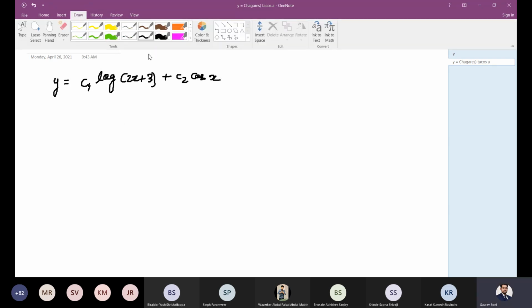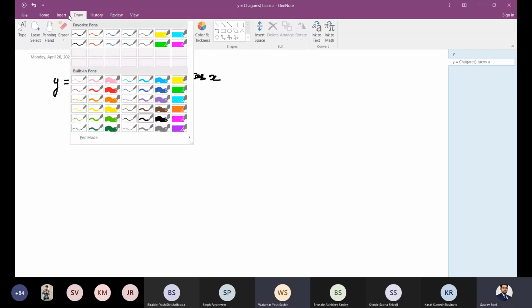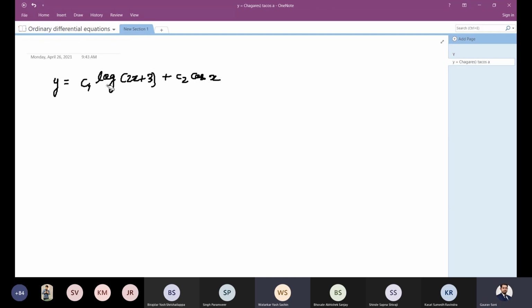Differentiate it twice, because there are two arbitrary constants. I will have to differentiate it twice, and then eliminate the arbitrary constants. This is the complete procedure.